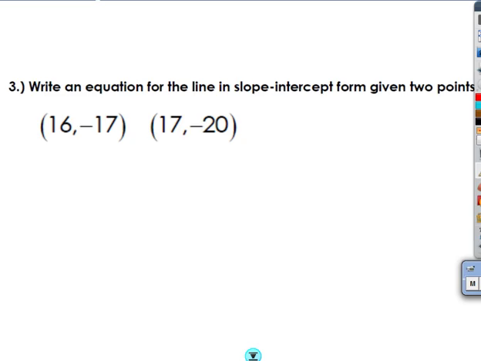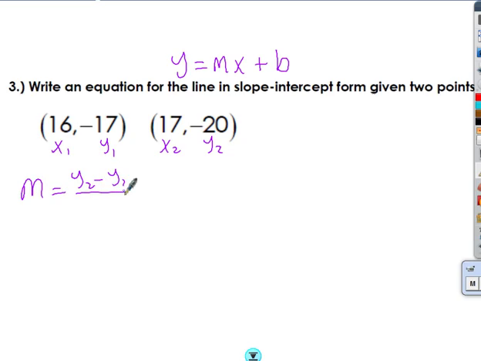Let's look at our new style here. On this style, we have not given the slope, and we need a slope and the y-intercept to figure out our equation. First goal is to be finding the slope. Since we were given 2 points, I'll call this x1, y1, x2, y2. We are going to use the slope formula, y2 minus y1 over x2 minus x1 to figure out the slope.